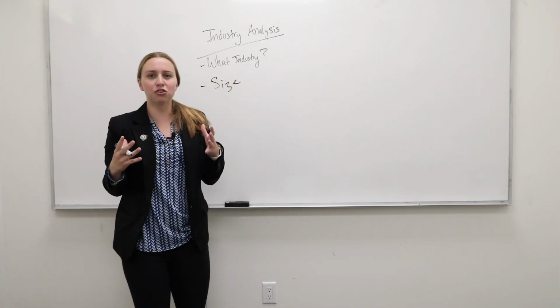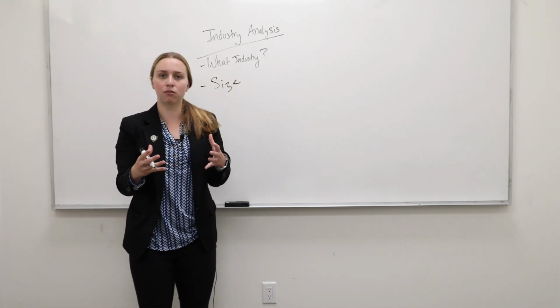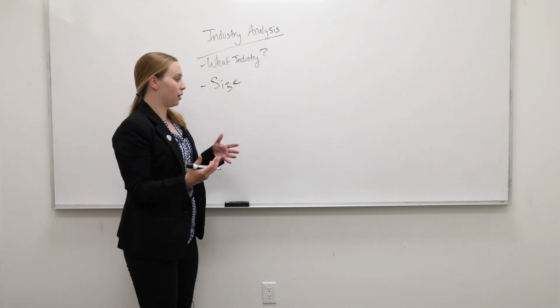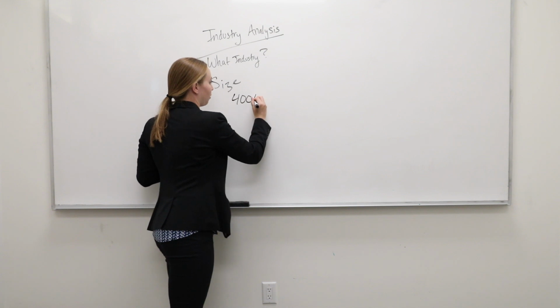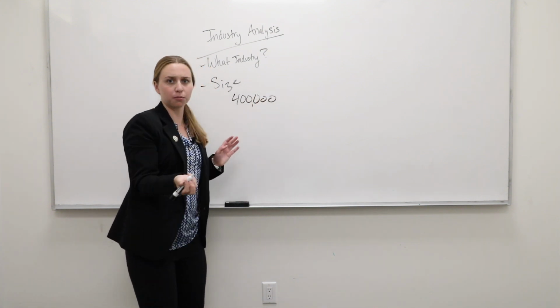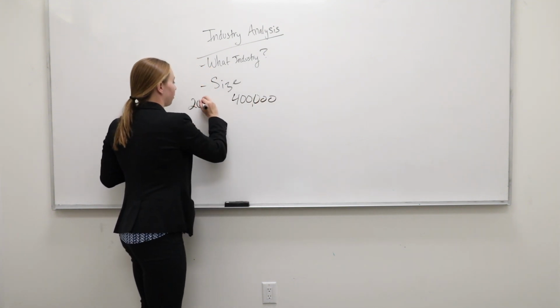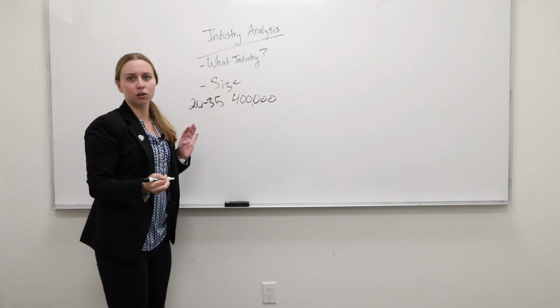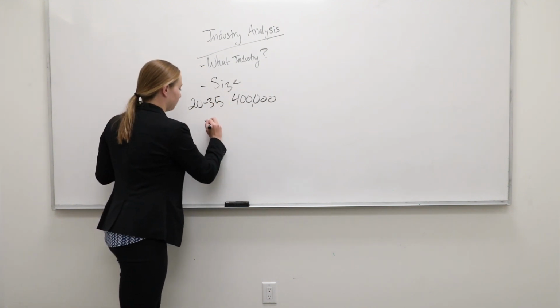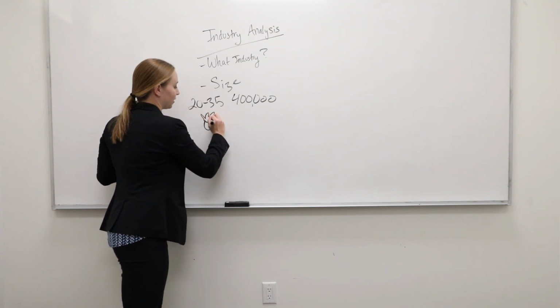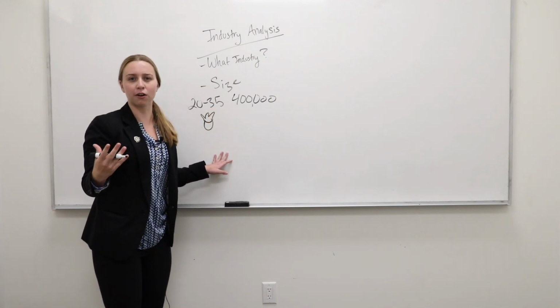So when I mean that, I mean you're going to look at it from a statistic base, right? If you have 400,000 customers that are in that 20 to 35 age group, right? I want to know that. If they have a grocery budget, like what is their food budget?